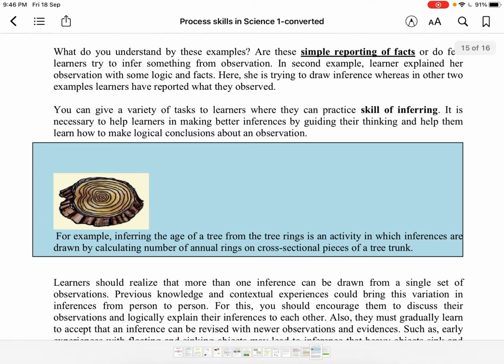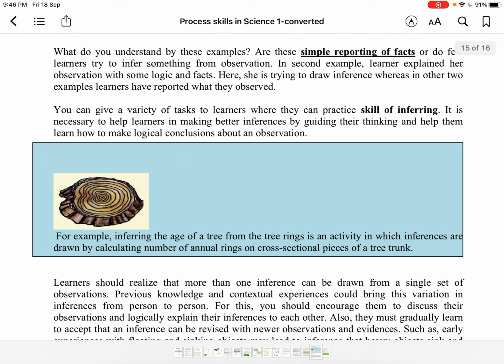In the first and third examples it is totally a reporting of that particular event only. In the second report, the learner has tried to use some logic: for the last 2-3 months there is no rain, that's why the grass has become brown. So she is trying to put some reasoning to find out the facts.